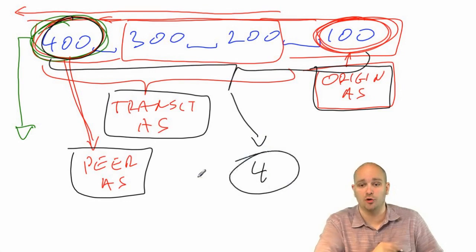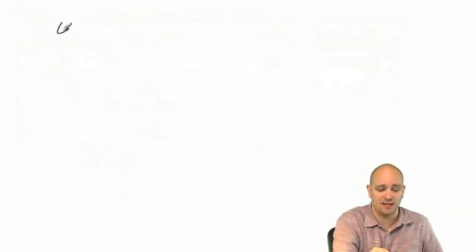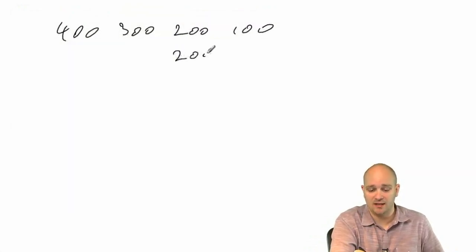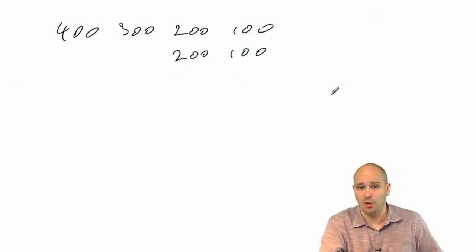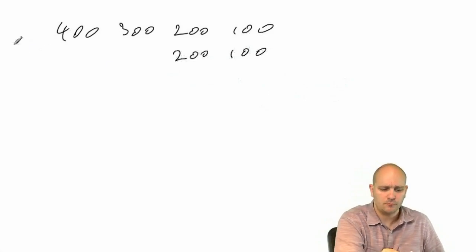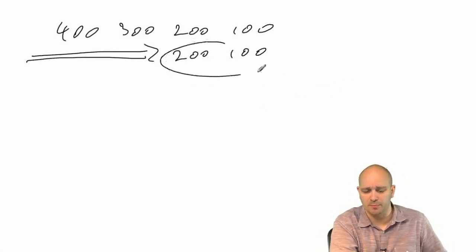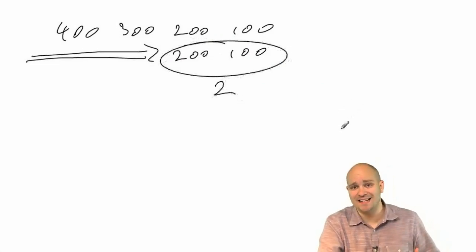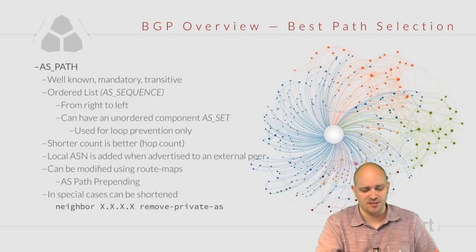There are 4 autonomous systems in the AS path. So if we had 2 prefixes, one that had, for example, 400, 300, 200, and 100, and we had another that was, say, 200, 100, given that the weight and the local preference are the same, what's going to happen is this prefix here will be chosen because it has a lower hop count. So this is how the AS path is actually used to influence the routes.